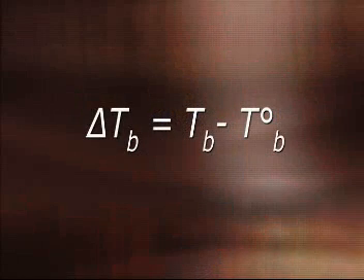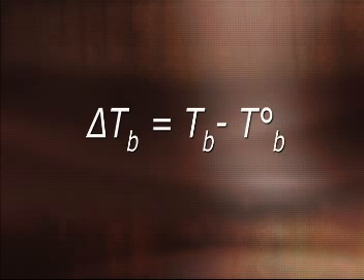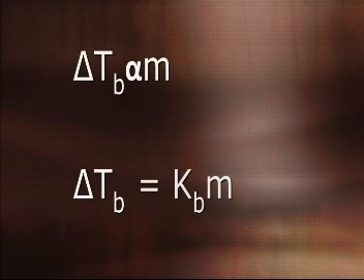The boiling point elevation is defined as the boiling point of the solution minus the boiling point of the pure solvent. The elevation in boiling point is directly proportional to the molality of the solution, which is shown in this equation.